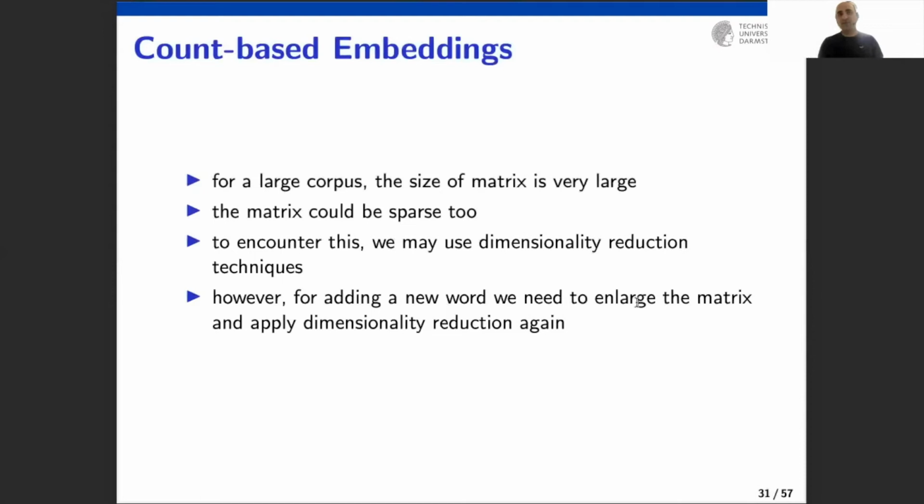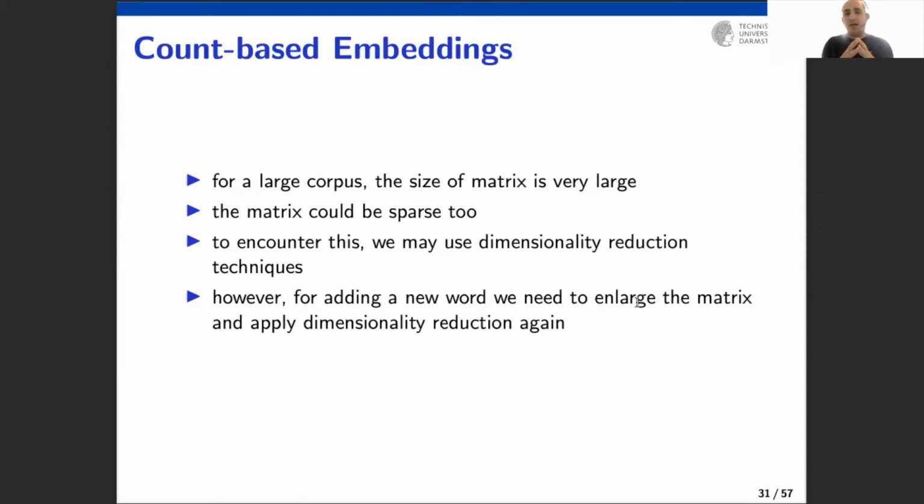Okay, that's a good solution, but what if we add another text to the corpus? Then it means we have a new context and maybe new vocabulary in the language. So as a result, we need to enlarge the matrix again, and we start counting the new vocabulary for the new context, and also new vocabulary for the previous contexts, right?